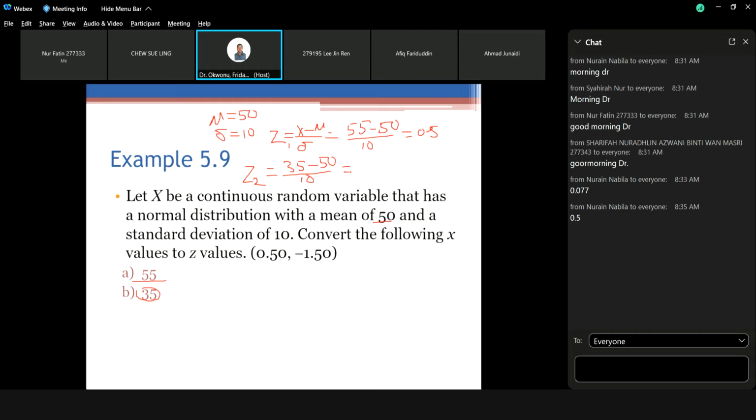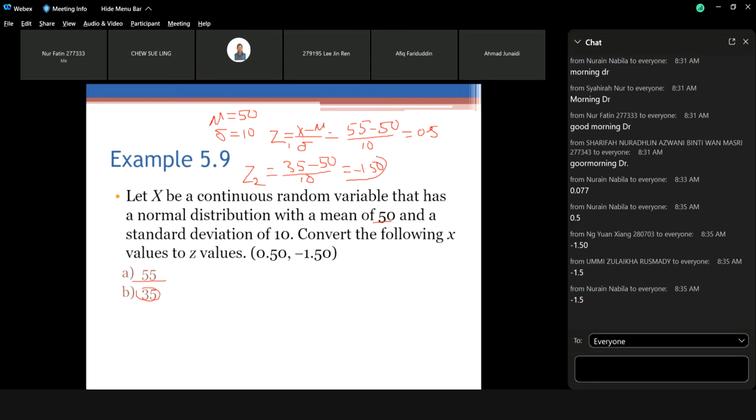What is the Z value, students? Minus 1.5. So this is how you can convert the X value into the Z value or Z score.